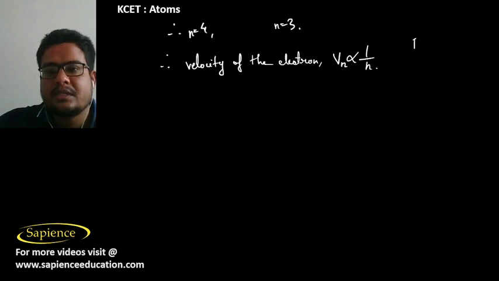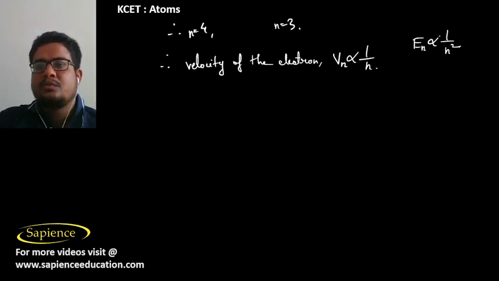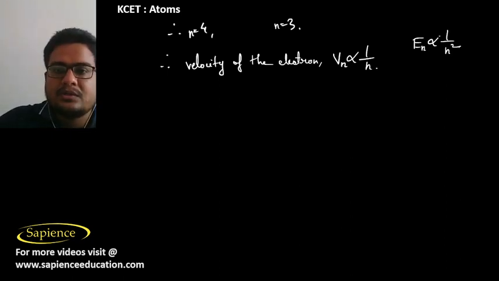Since the energy in the nth orbit is proportional to 1 by n square, if the kinetic energy is inversely proportional to n square, the velocity in the nth orbit should be inversely proportional to n.